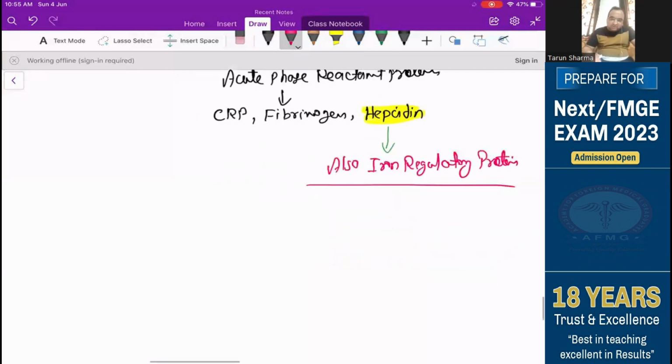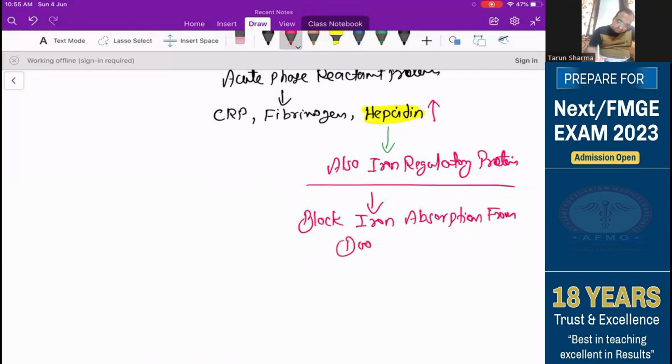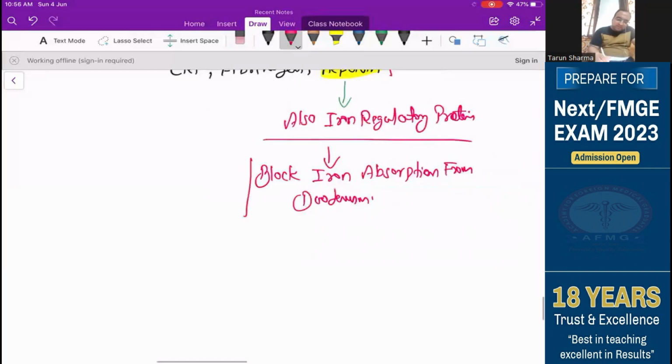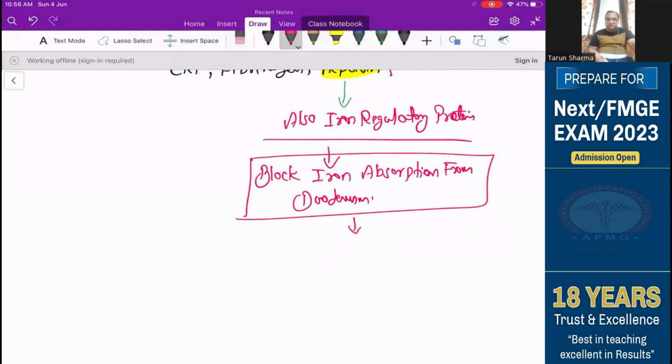So it is going to block iron absorption from the duodenum, and as iron absorption is reduced, slowly serum iron will fall.